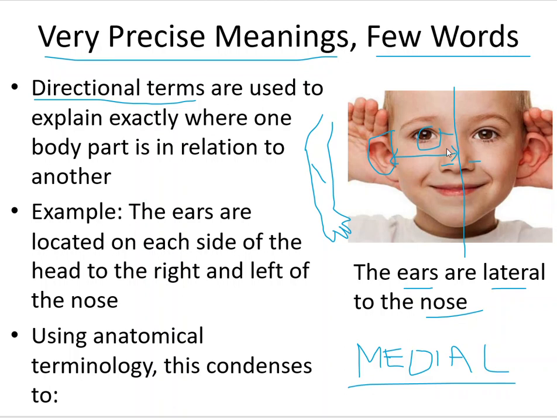The ears are lateral to the eyes. The ears are further from the midline than the eyes. I could also say that differently. I could say the eyes are medial to the ears. If I'm saying the ears are further away than the eyes, that's the same thing as saying the eyes are closer than the ears. It's just two different ways of saying it.